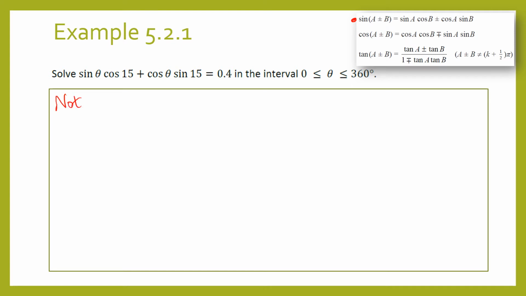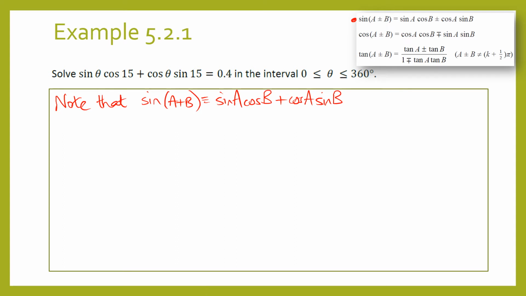So the key in a question like this is to note that sine of A plus B, which we know is the same as sine A cos B plus cos A sine B, and that follows the pattern we have on the left hand side of this equation.